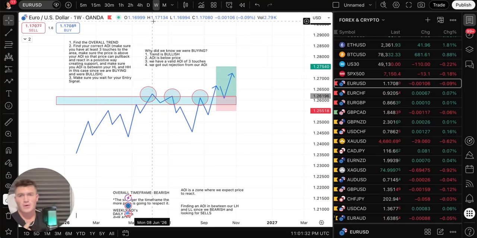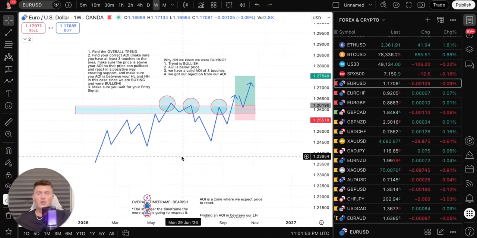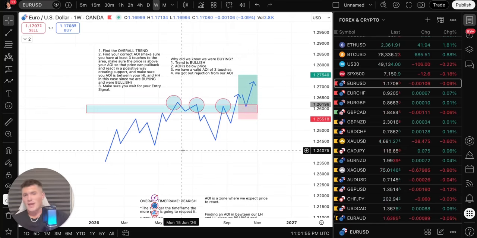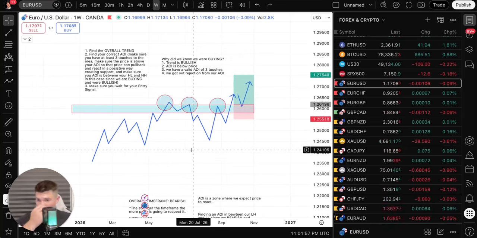Make sure the price is above your area of interest so that price can pull back and react in a positive way, creating support. And make sure your area of interest is between your higher low and your higher high, in this case, since we are buying and we're bullish. And then make sure you wait for your entry signal. Okay? You do that and you can master trading.